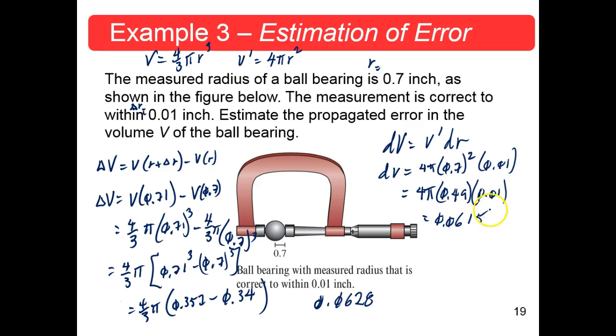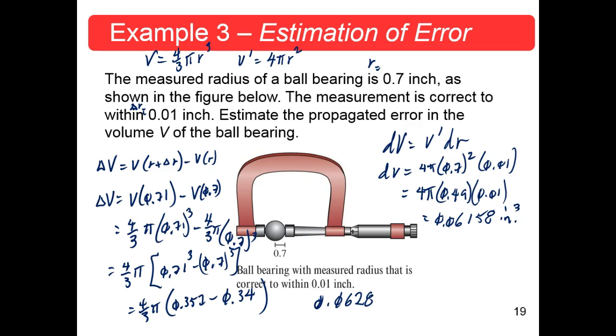Okay, yeah, they round it to 8 inches. Now, that's their cubic inches, because it's a volume measure. The estimated thing, and that's what they said, estimated propagated error, that's your dv rather than the delta v.